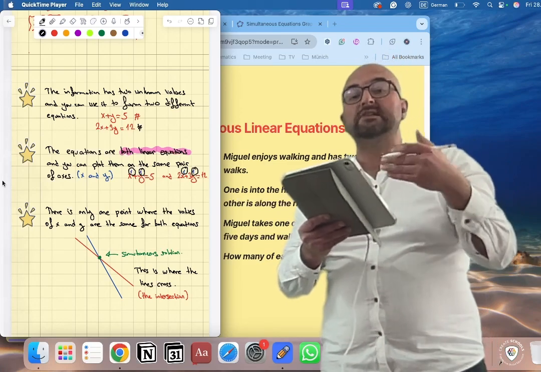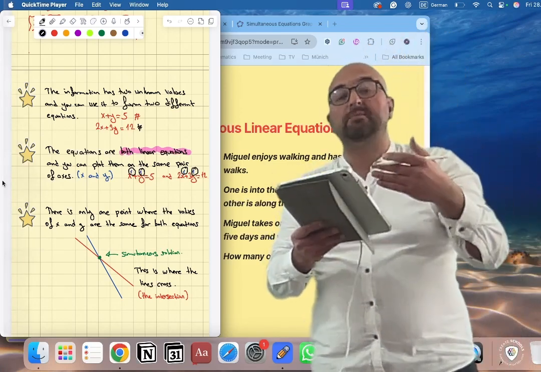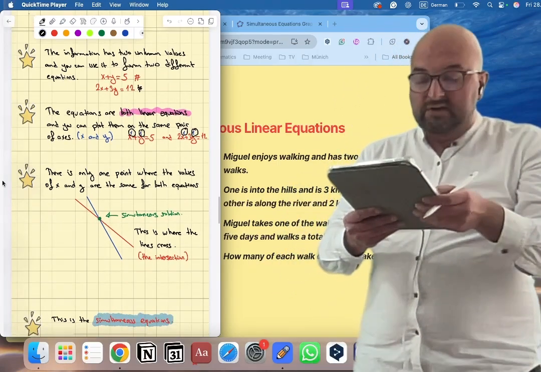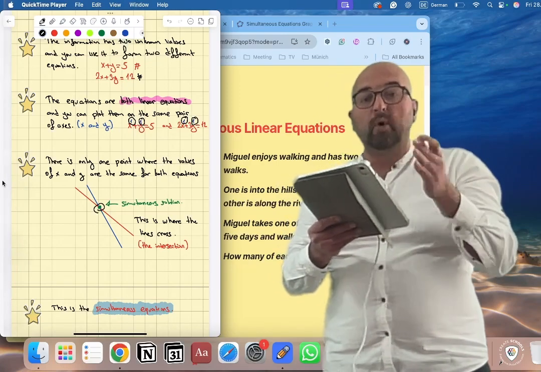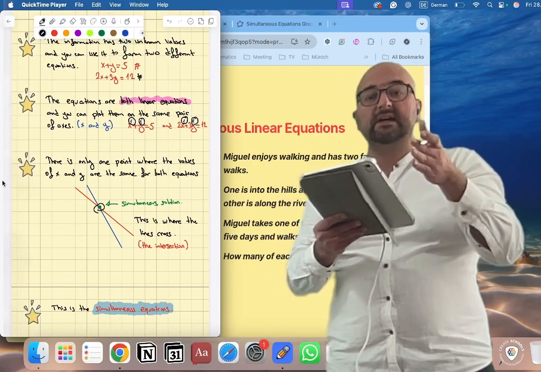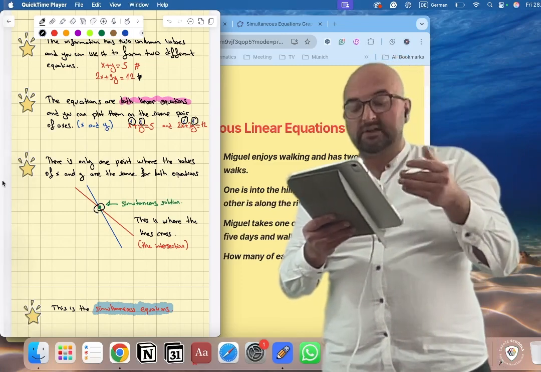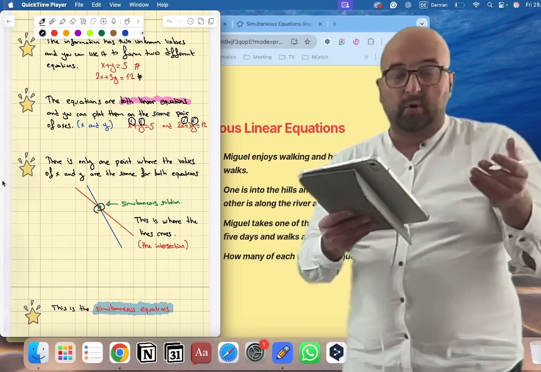And you can solve these equations simultaneously, and also their graph determines a straight line. So we are looking for a cross point, because the cross point gives us a point which satisfies both equations. So we say this point is the simultaneous solution, or the intersection point.